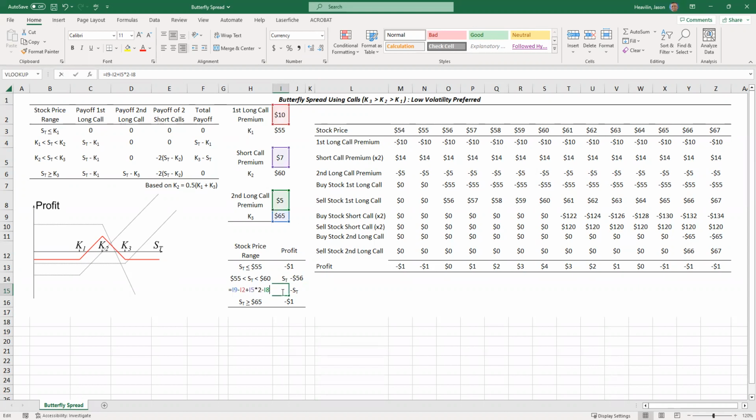So I can start with K3, $65, minus the premium that I paid here, that's $10, plus this premium times 2, because I did 2 of those, and then minus the $5. So when you net it out, you get 64 minus whatever stock price is, and that is your profit. So let's see, $62 would be between that range. So 64 minus the 62, $2.